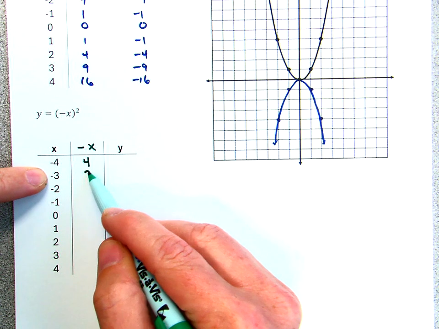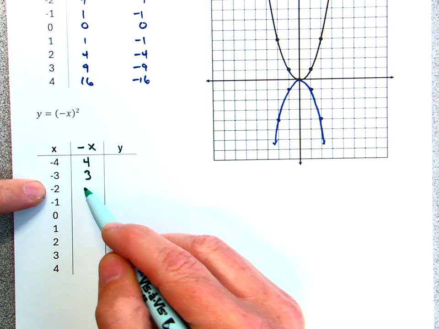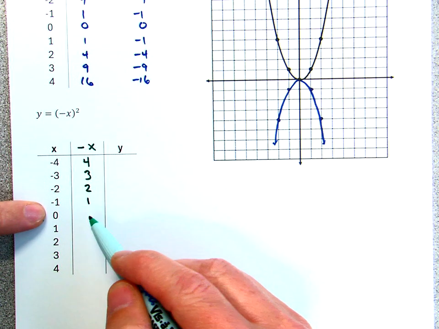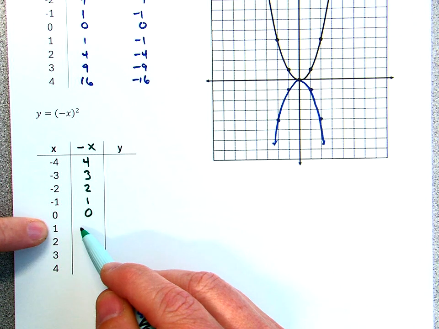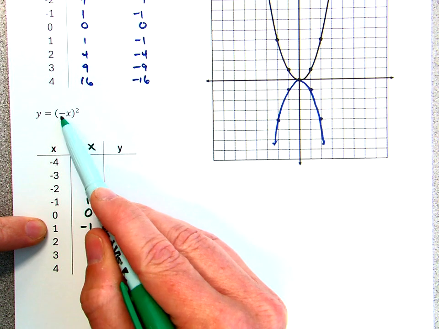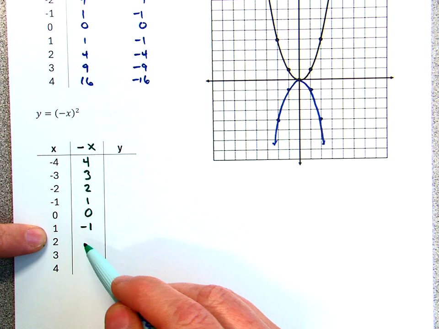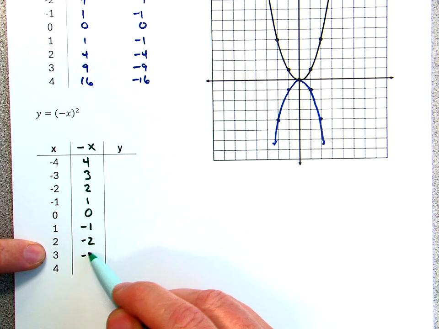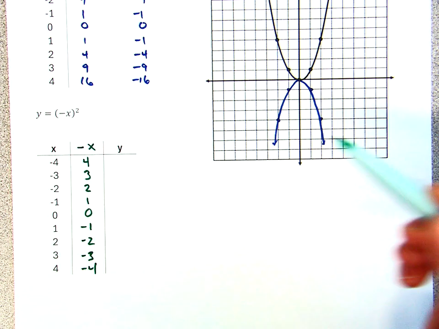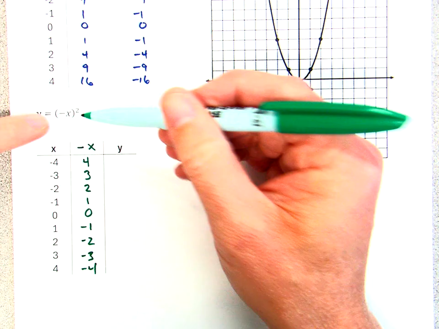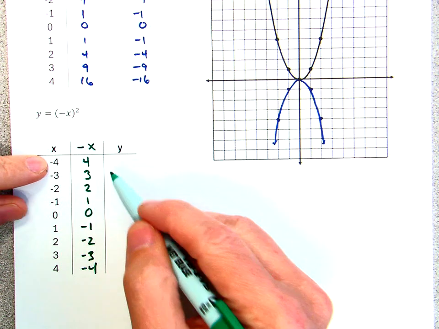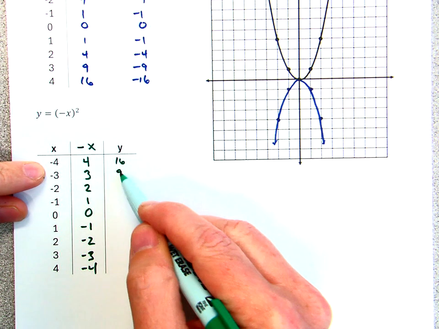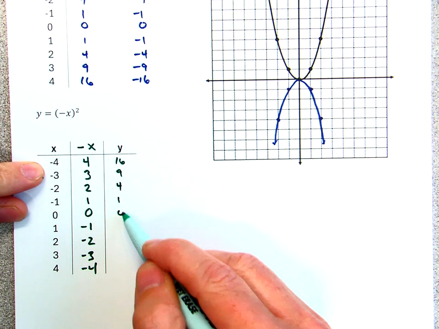The opposite of -3 is 3. Opposite of -2 is 2. 0 is still 0, right? Opposite of 1 is -1, or a 1 times a negative is a -1, -2, -3, -4, right? Then we would square these values. But again, squaring 4 is still going to give us 16, still going to give us 9, 4, 1, right?